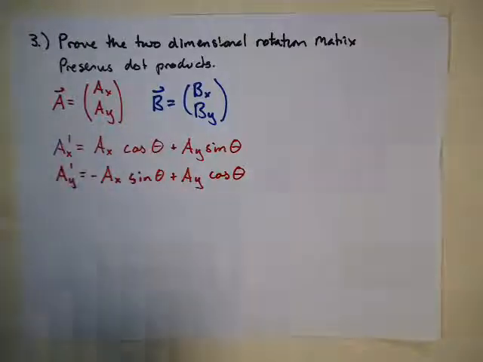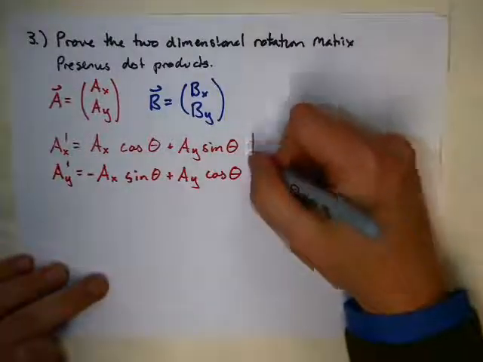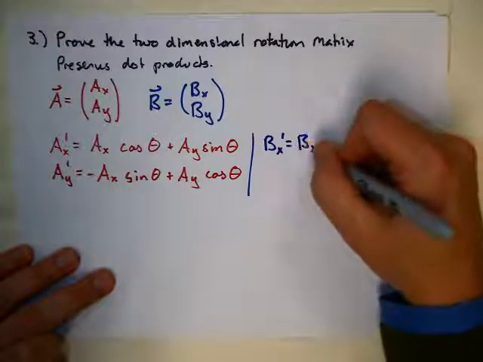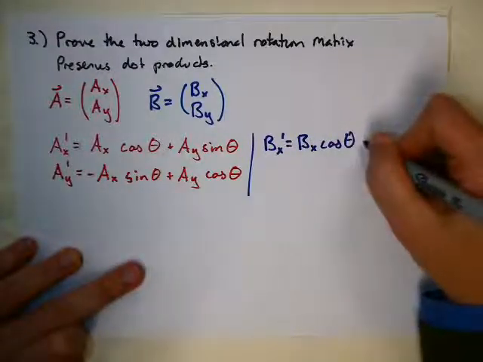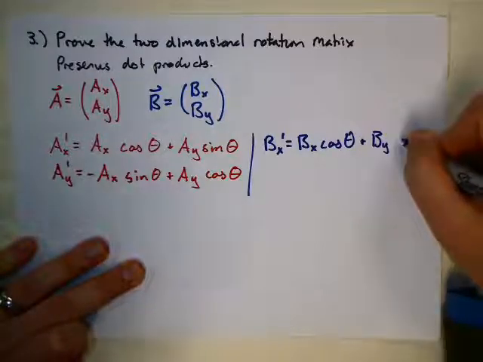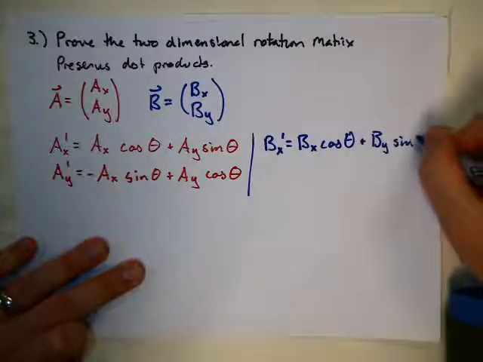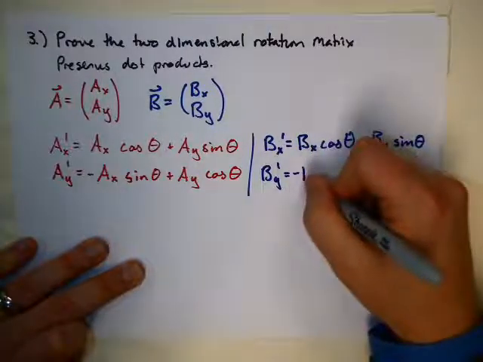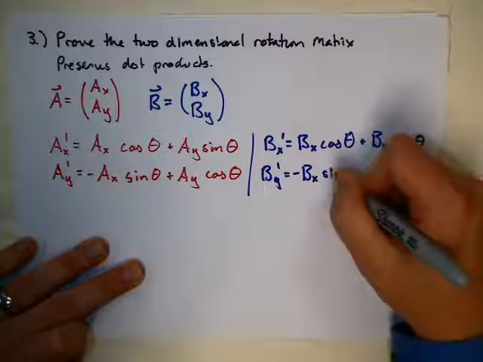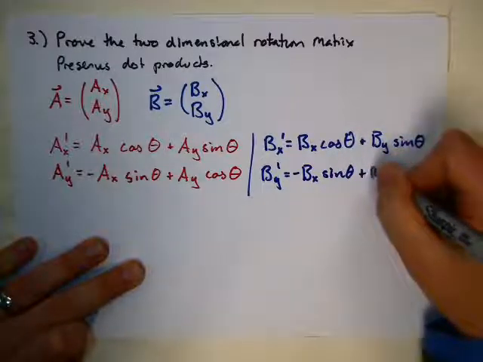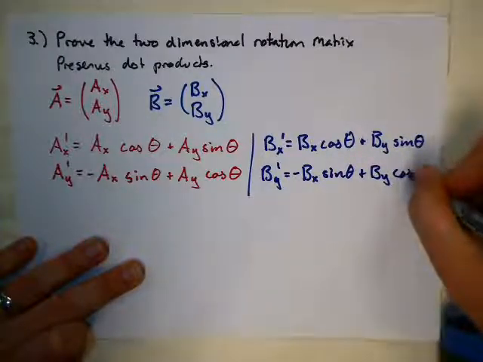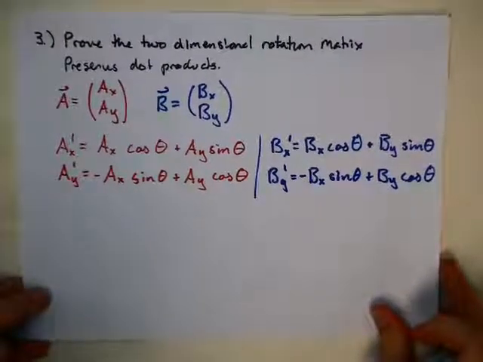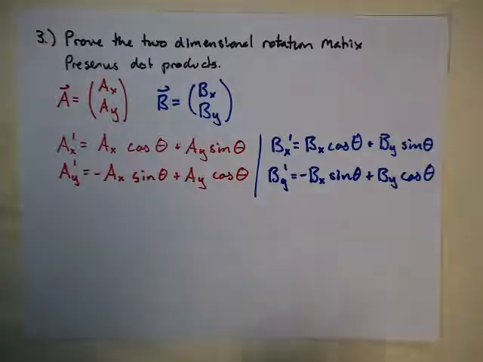And identical for the B vector, we have that BX prime is BX cosine theta plus BY sine theta, and BY prime is minus BX sine theta plus BY cosine theta. That is just the definition of how the rotation acts on these two-dimensional vectors.